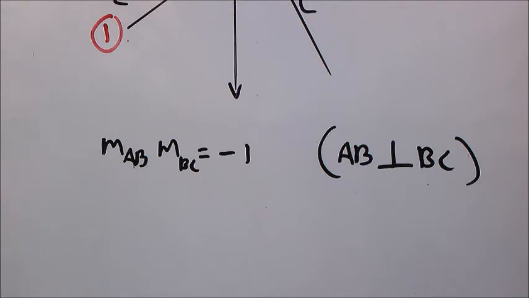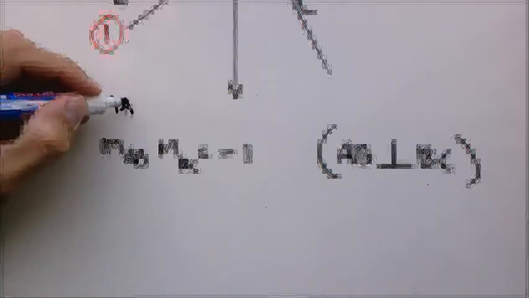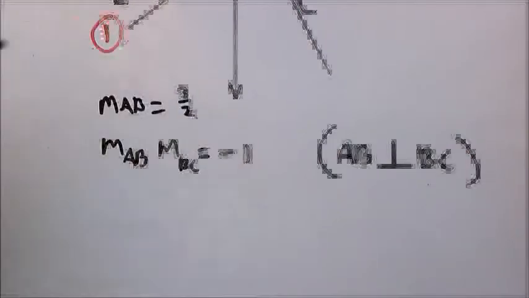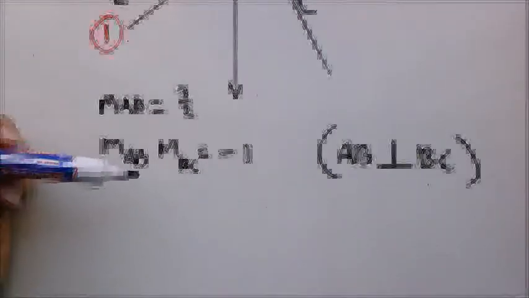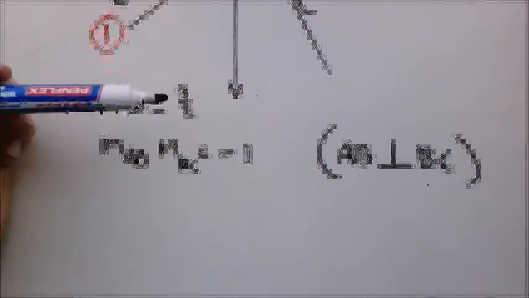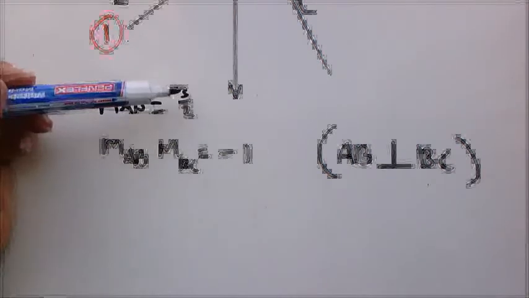So let's assume, for instance, we know that m AB was 3/2. You will see that our final answer for BC will be negative 2 over 3. So the quick way to calculate this, you look at the fraction, you swap the numerator and the denominator around, in other words, you take the reciprocal of it, and you put a negative in front.